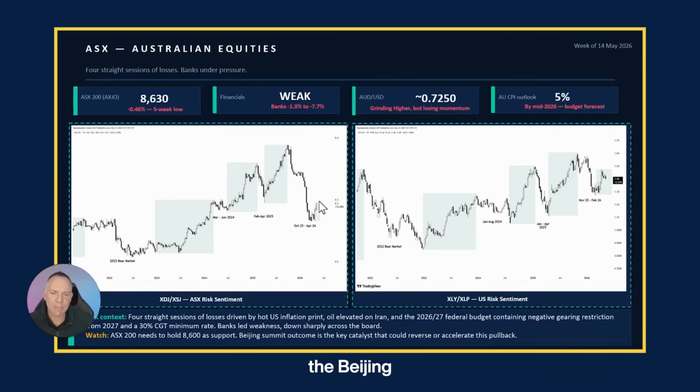Now we've got the Beijing summit happening at the moment, where Trump has taken 17 leaders and CEOs through to China. And that's going to be really key for the Australian market, because Australia supplies China to a large degree. If a whole lot of business deals and capital rich deals can be done into China, that could wake up China, because China's pretty much battled from an economic perspective since 2018.